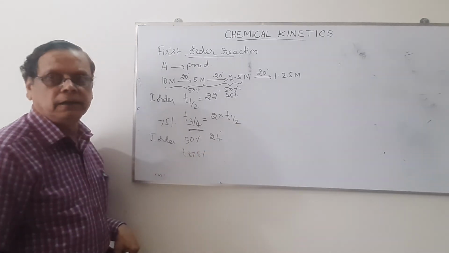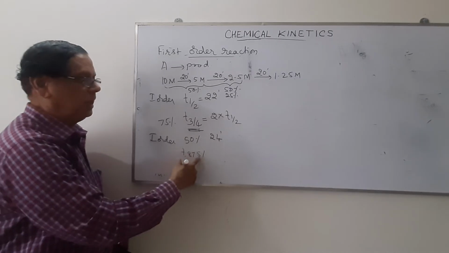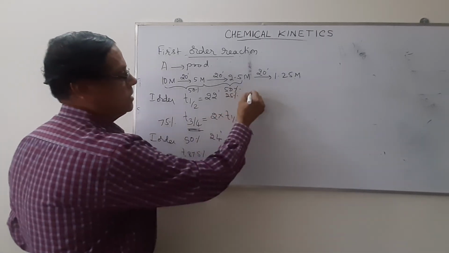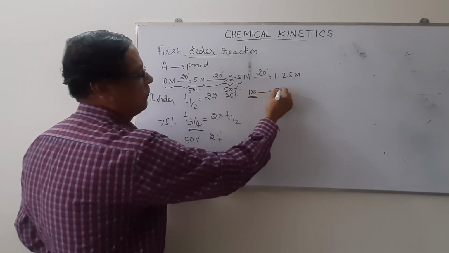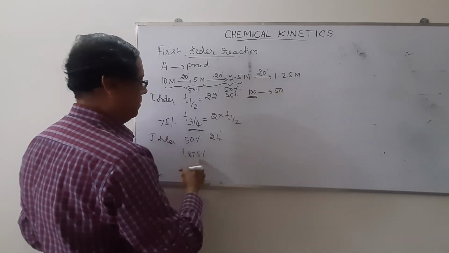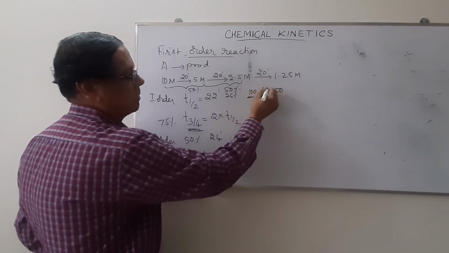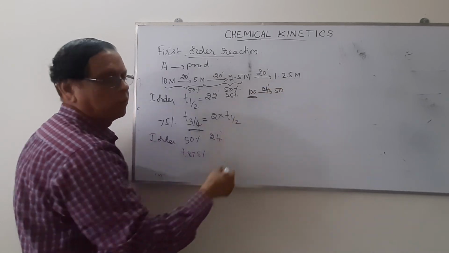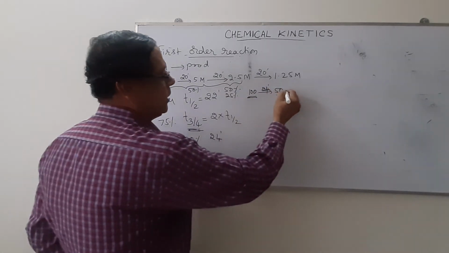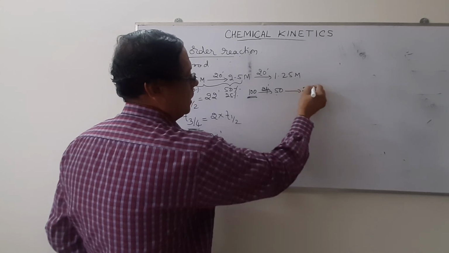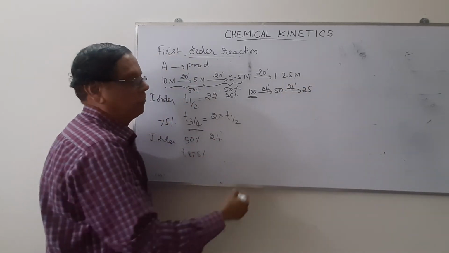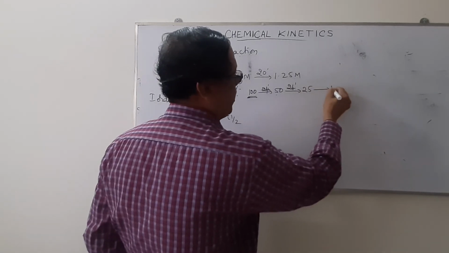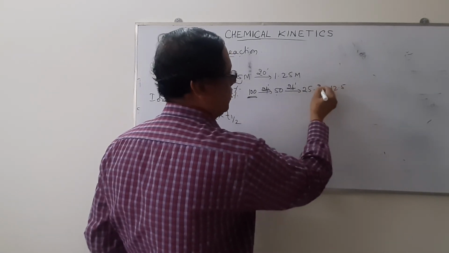If you are asked to calculate like that, first you write 100, this changes to 50 in the time 24 minutes. From 50 to 25, it again takes the same time, that is 24 minutes. From 25 to 12.5, again it takes 24 minutes.